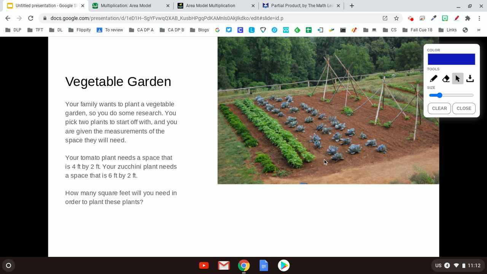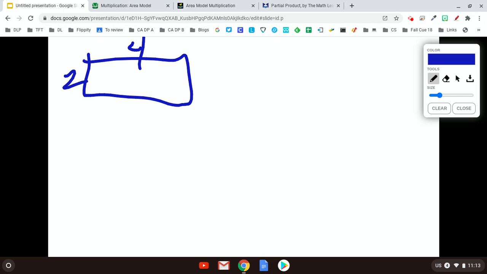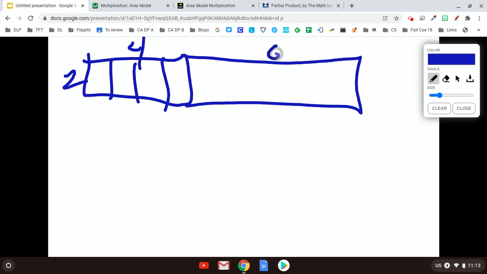But we can look at this on this next slide and think about, okay, how would we break this down visually? Well, we have a 2 by 4 space, and we have a 2 by 6 space.